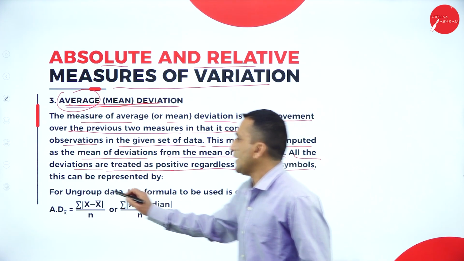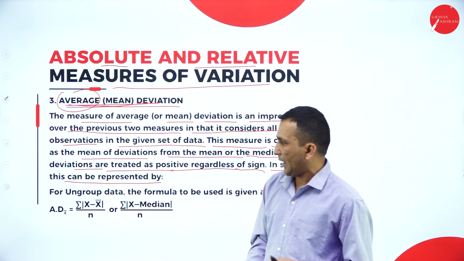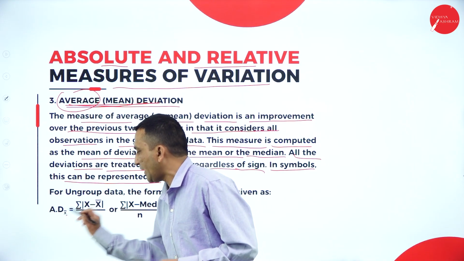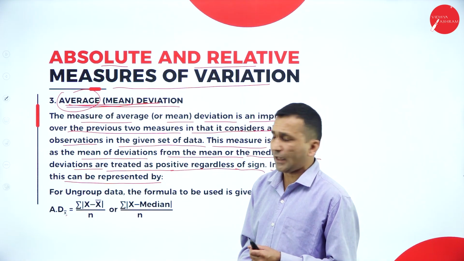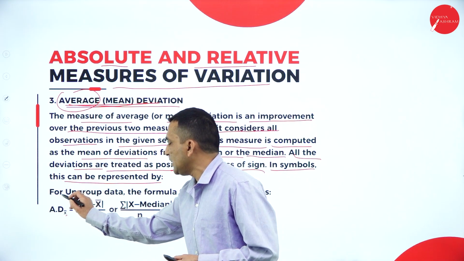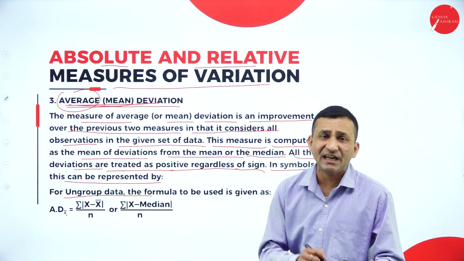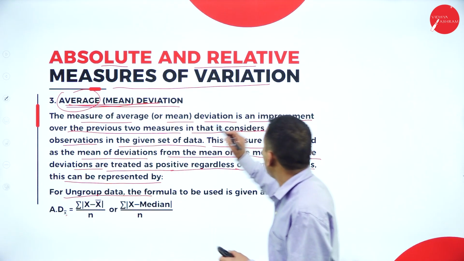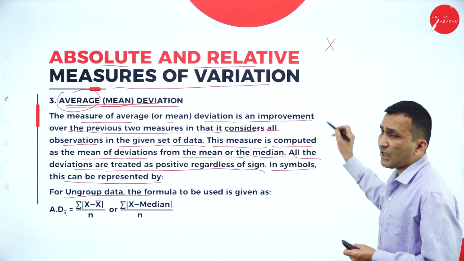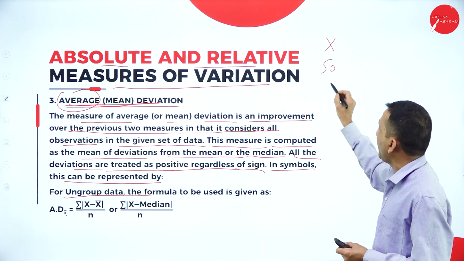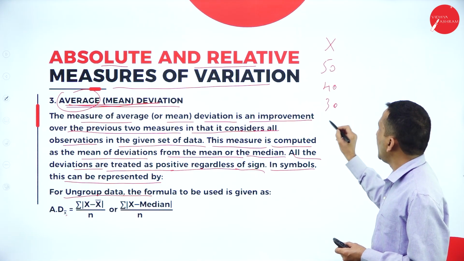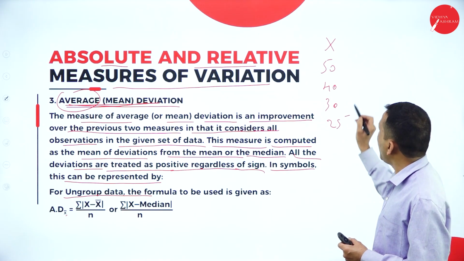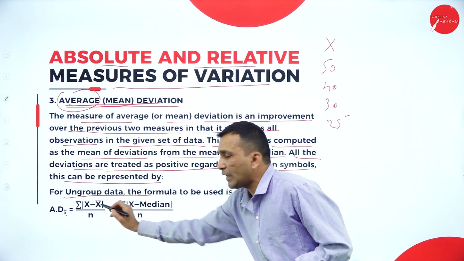Symbolically, this can be represented as the arithmetic mean deviation, or mean deviation about x bar. With the help of x bar we are calculating. For ungrouped, discrete data the formula is very simple. From the x series, for example, the data set 40, 50, 40, 30, 25, we calculate x bar.